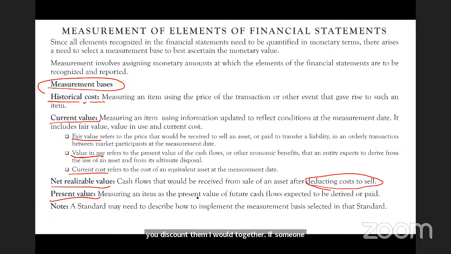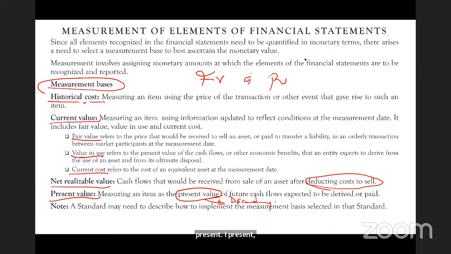If someone says present value, in the word present value there is a meaning of discounting. There are two values. Those who are doing chuti, I think they have already looked at it, maybe not, maybe yes. We have what we call a future value and a present value.